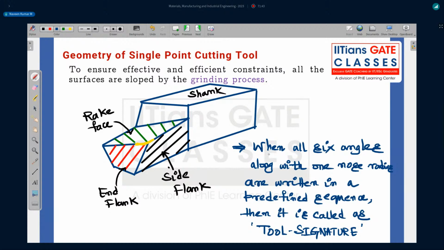So we are going to discuss these tool signatures separately and then try to connect them and convert from one signature to another, and why, which signature is useful for what, what are the advantages of ASA and what are the advantages of ORS, when we are going to use ORS, when we are going to use ASA, what is important, why, and all these things we'll be discussing in the coming slides. Okay, now next, right? So let's discuss the ASA tool signature system.